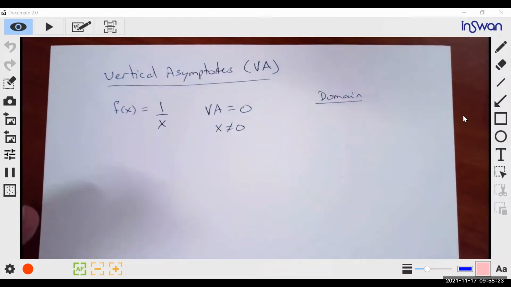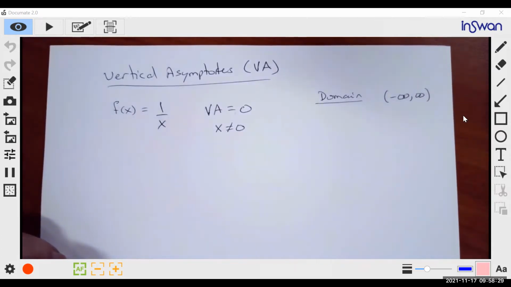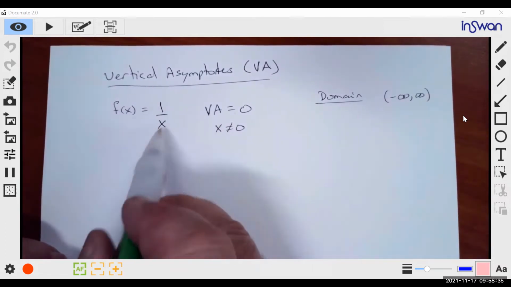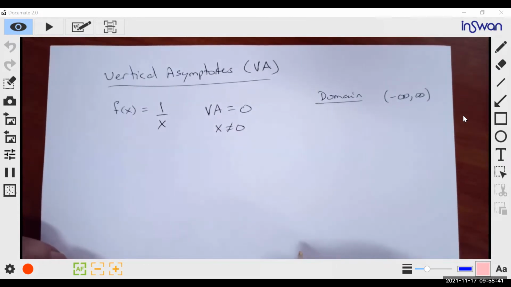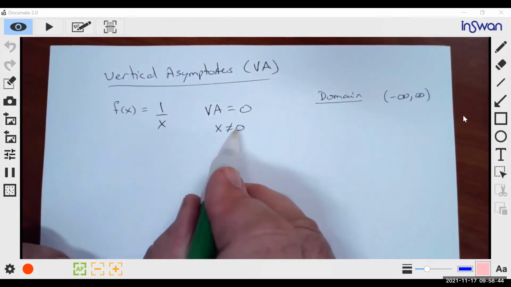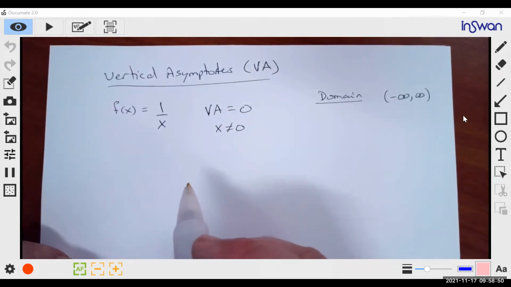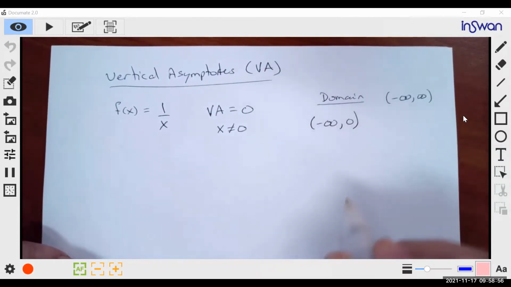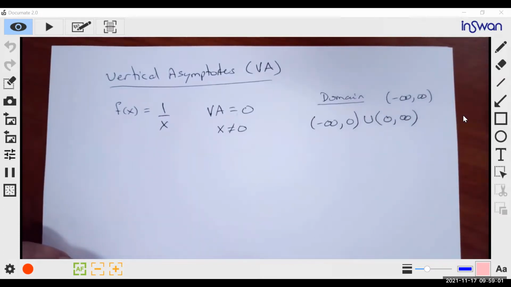The domain of any polynomial individually is always all real numbers. But once we have a fraction, we now lose that continuity. So if we can't use 0, what's our domain? We go from negative infinity to 0, and then from 0 to positive infinity. Remember, the parentheses mean you can't use those.